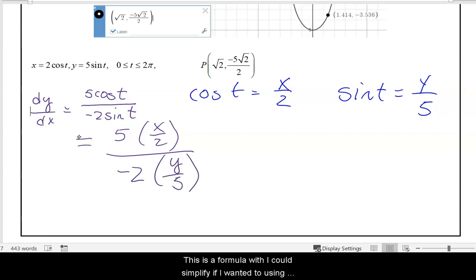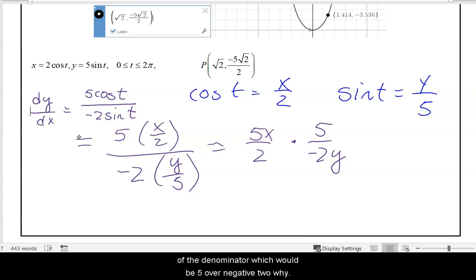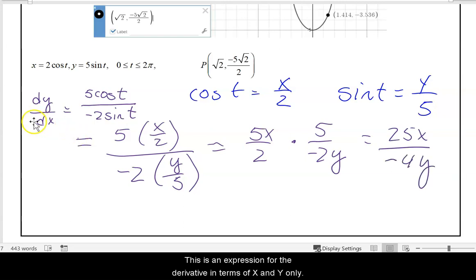This is a formula which I could simplify if I wanted to using the rules for complex fractions. This would instead give me 5x over 2 times the reciprocal of the denominator, which would be 5 over negative 2y. In this sense, I could rewrite it as 25x divided by negative 4y. This is an expression for the derivative in terms of x and y only.